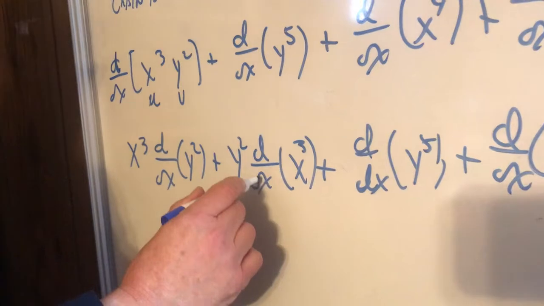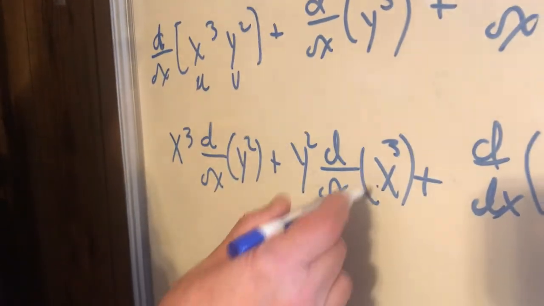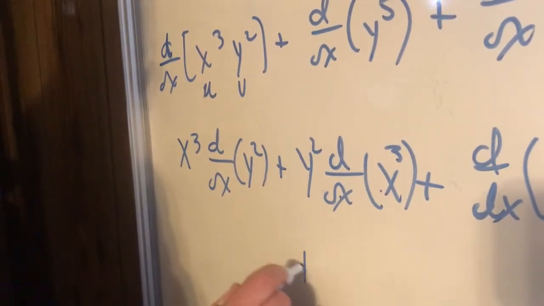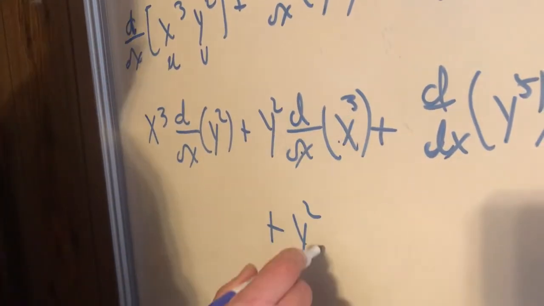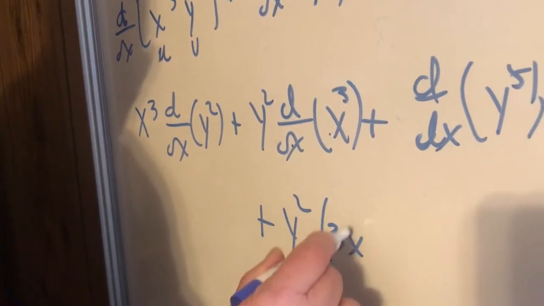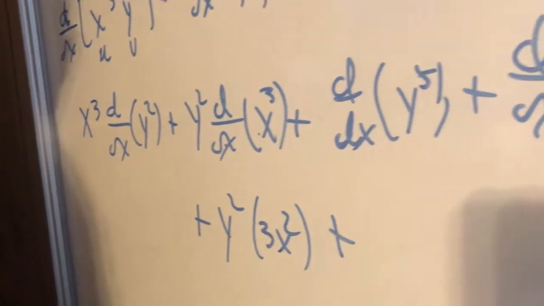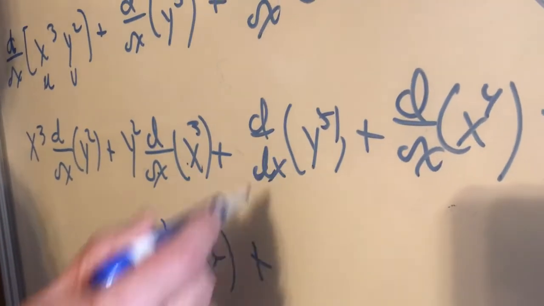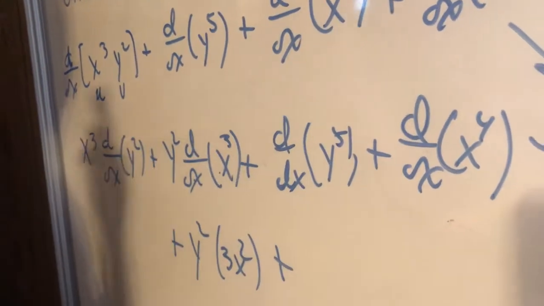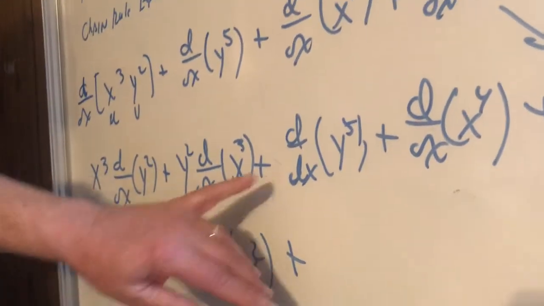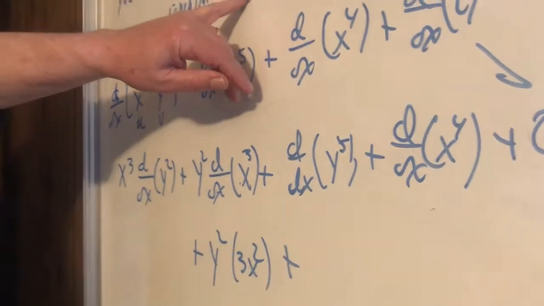Now notice here we have x and x, so I can simply take it the way I normally do, the power rule, times 3x². Here we have a y and an x. I cannot take a derivative of a function of y with respect to x, so I have to use the chain rule.